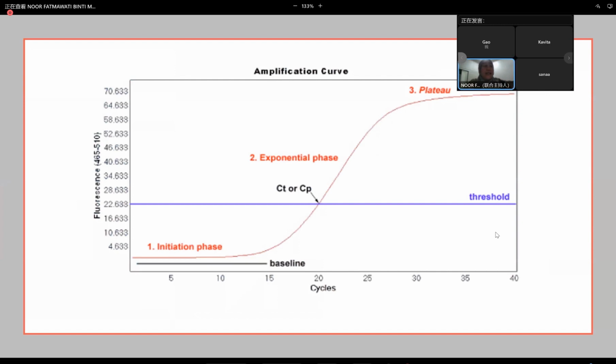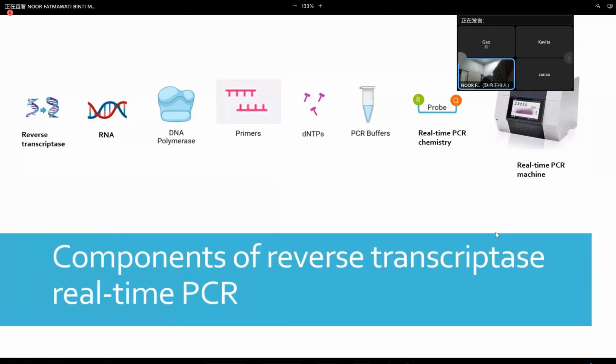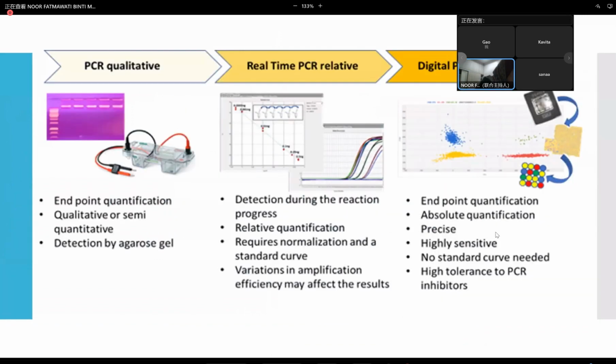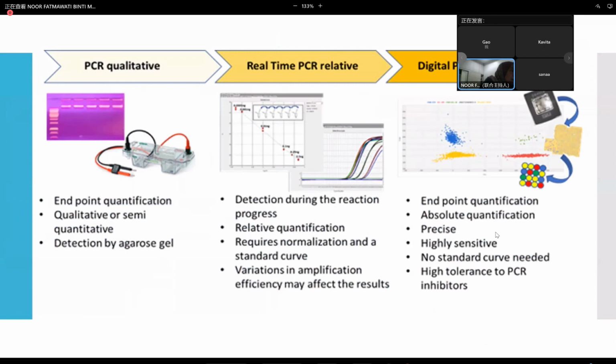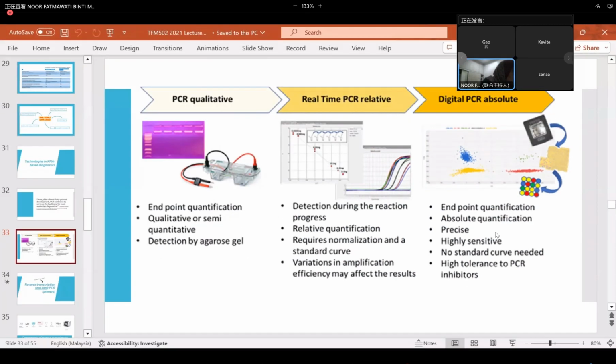But usually, if you run your sample together with your standard, because if you go through how you prepare standards, do we have a picture of the amplification? Yeah, amplification. For example, here, this one. You see the amplification? Okay.